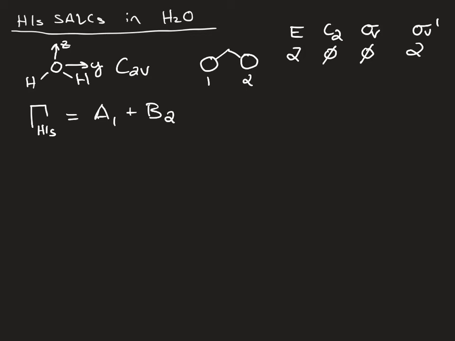Now, what this representation means is that we're going to have one SALC of hydrogen 1s orbitals that's going to transform with A1 symmetry, and we're going to have another SALC that's going to transform with B2 symmetry. In order to determine the mathematical form of those SALCs, we need to apply the projection operators of an A1 on some basis function.